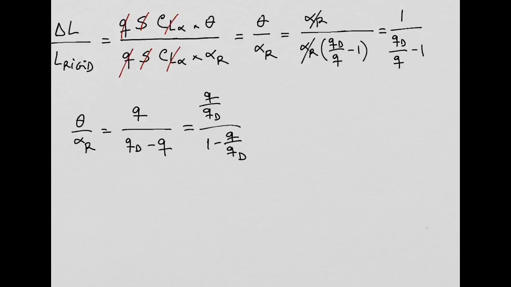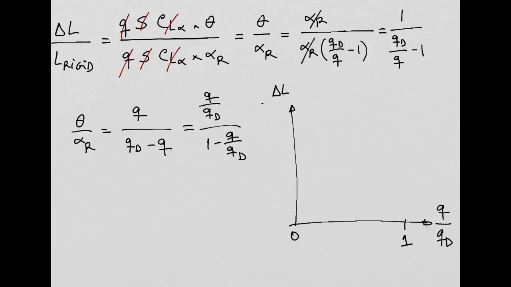So what you can see from this equation again, if you look at the denominator, if my dynamic pressure is equal to the divergent dynamic pressure, I get 0 in the denominator, and then my angle theta goes to infinity, right? So we get a curve something like this. If I have here in the horizontal axis the dynamic pressure over the divergent dynamic pressure, so this goes, of course, from 0 to 1, 1 is the maximum.